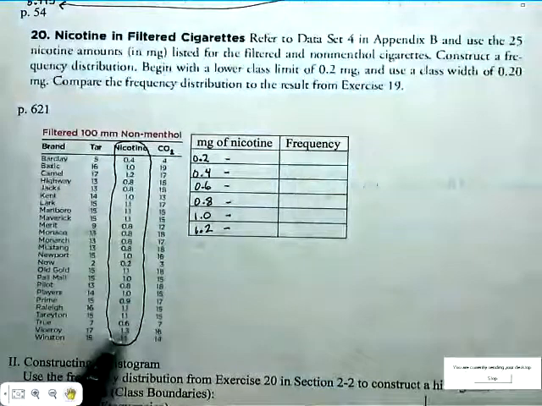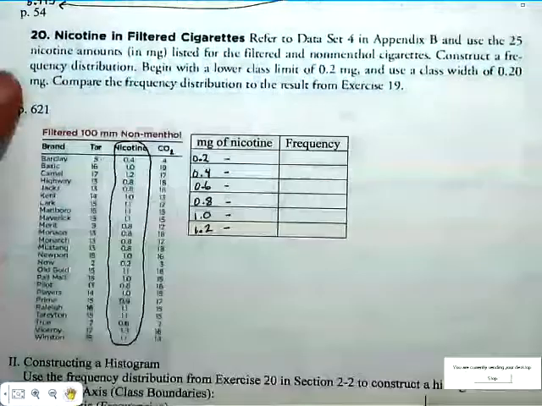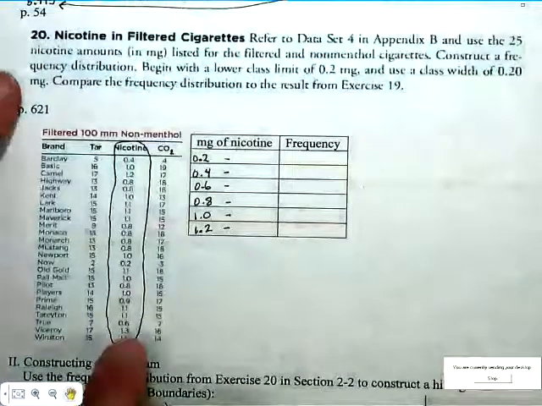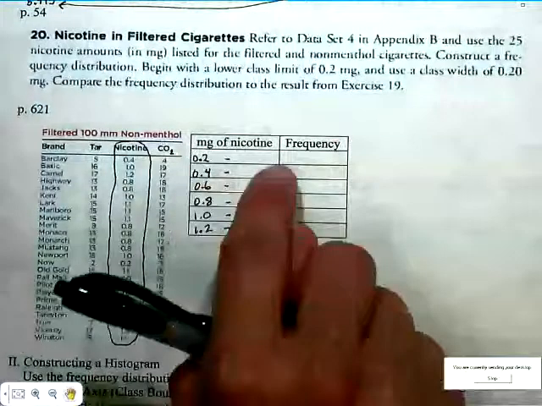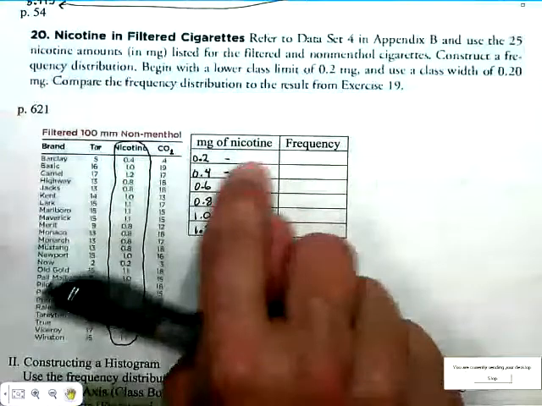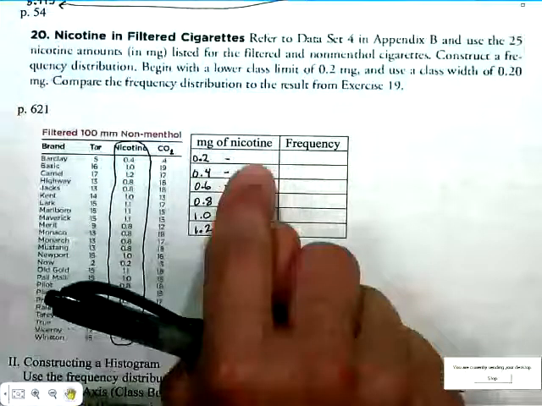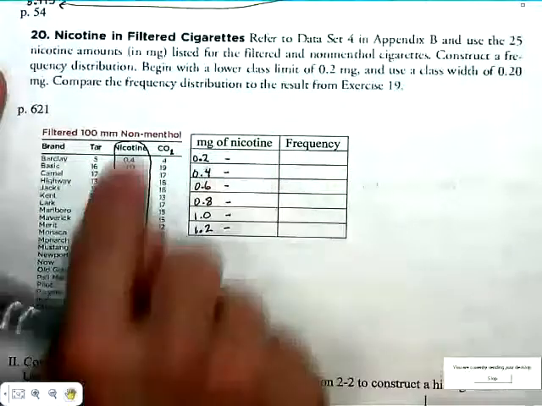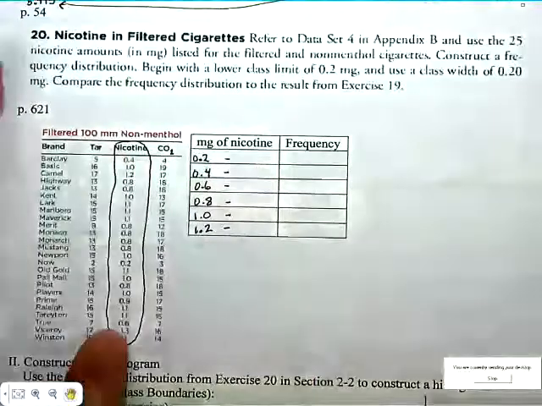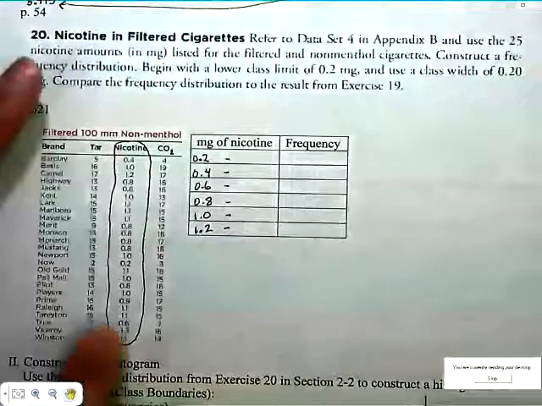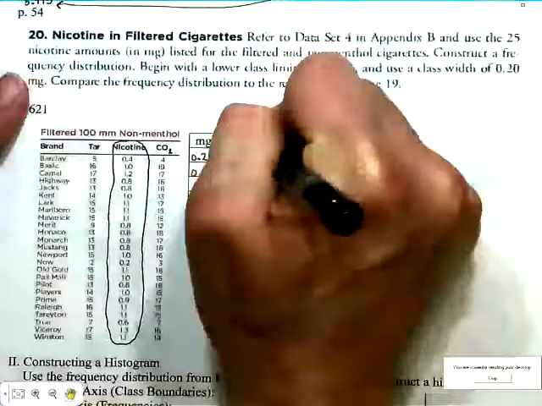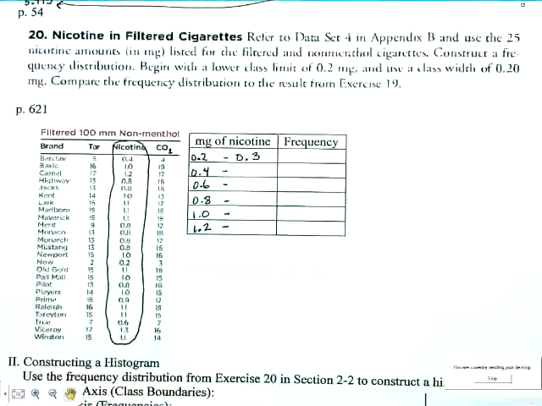None of them are listed to the nearest 100th. So nothing is going to fall between 0.3 and 0.4. I don't have to worry about getting a 0.35. There is no 0.35 here. So 0.3 is sufficient for that upper limit.